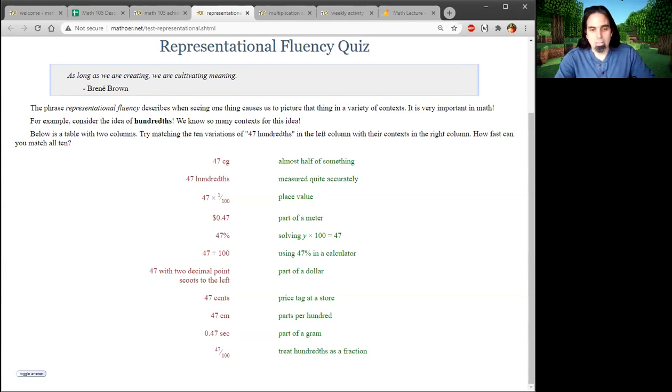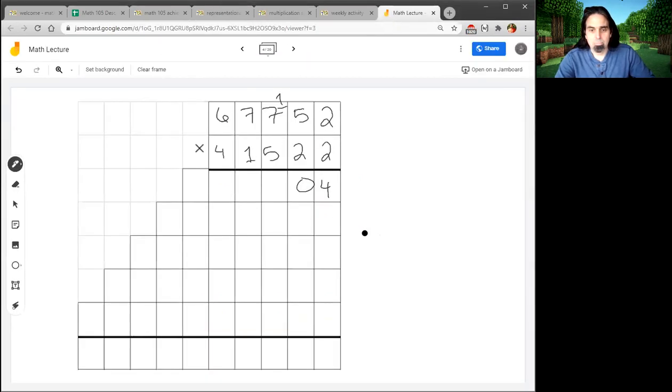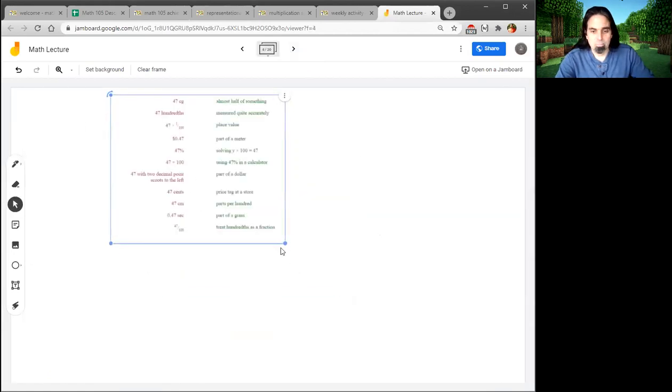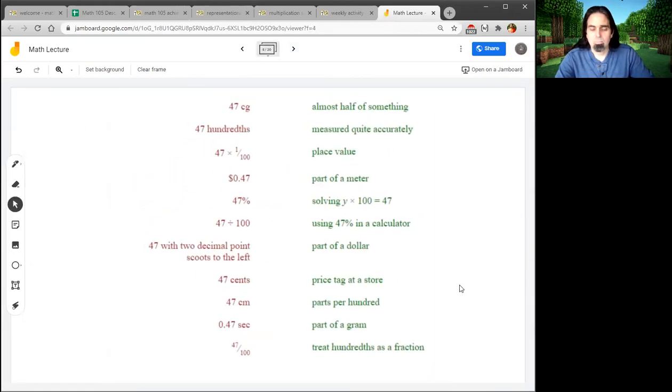47 centigrams would be 47 parts of a gram, right? And so on.